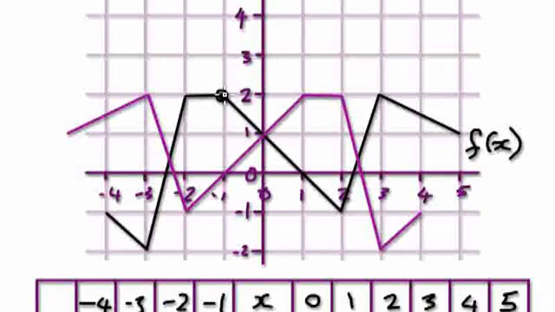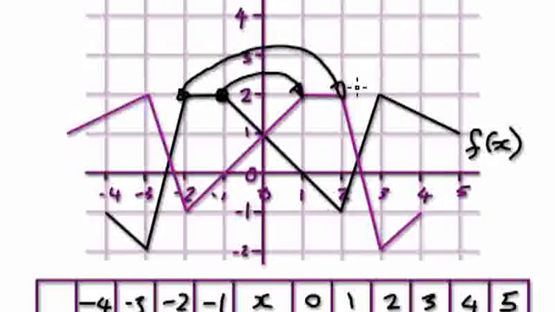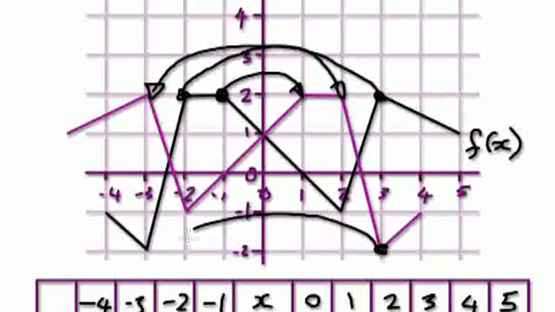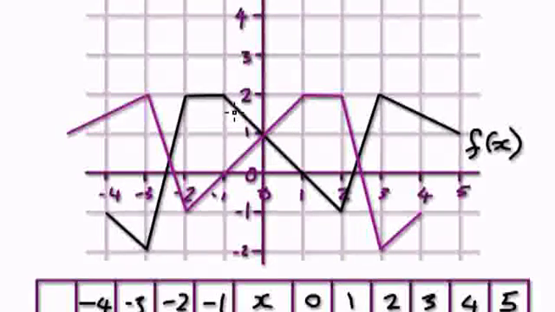So look at this point here. This gets moved to over here. And then this point here gets moved to over here. If you look at this point here, remember there's a mirror here, it gets moved to over here. This point here gets moved to over here. So it's from the black line to the purple line.